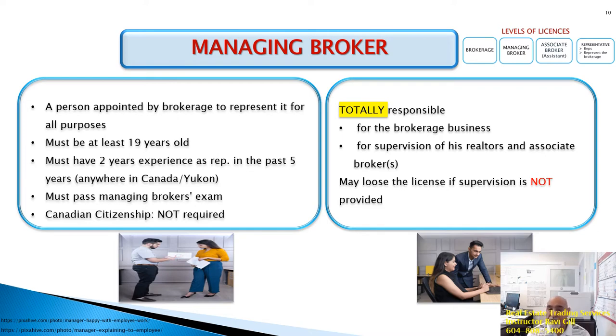They are totally responsible for the brokerage, and they're totally responsible for the supervision of the realtors and the associate broker. If they do not do a good job of supervision, they may lose their license. The managing broker may lose their license.